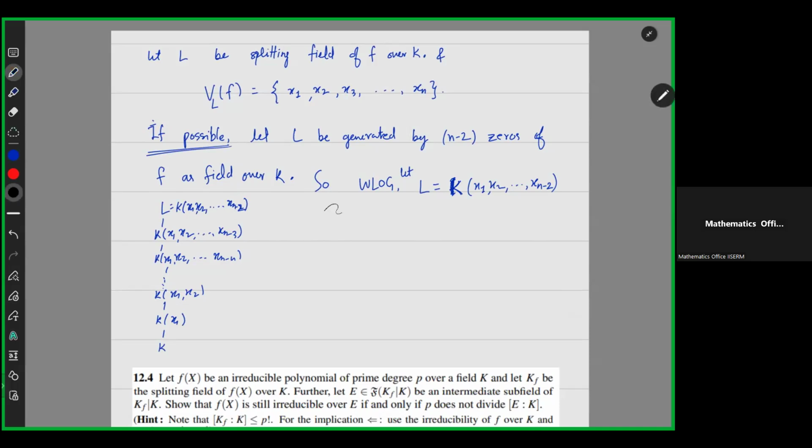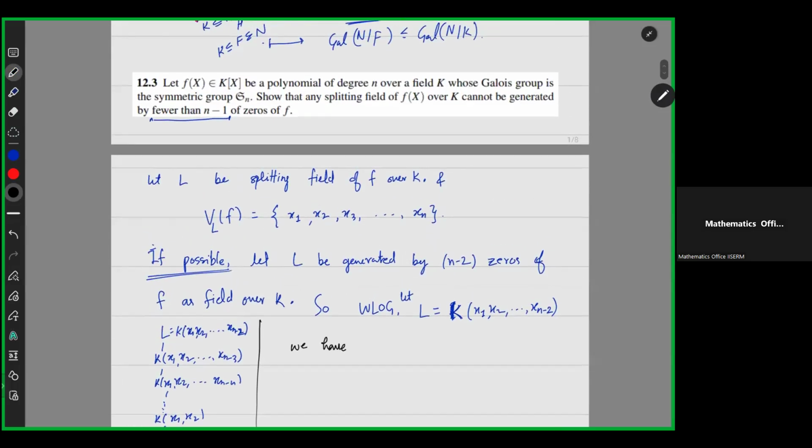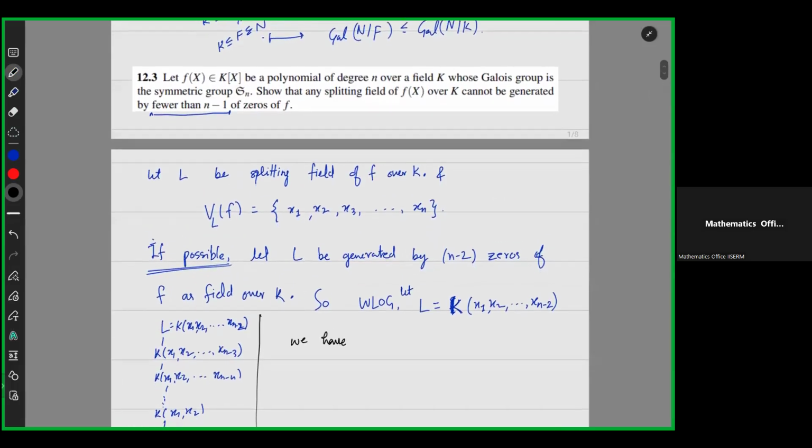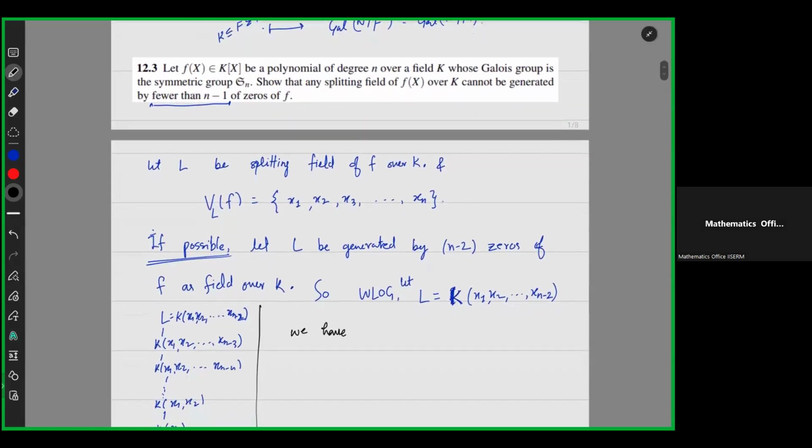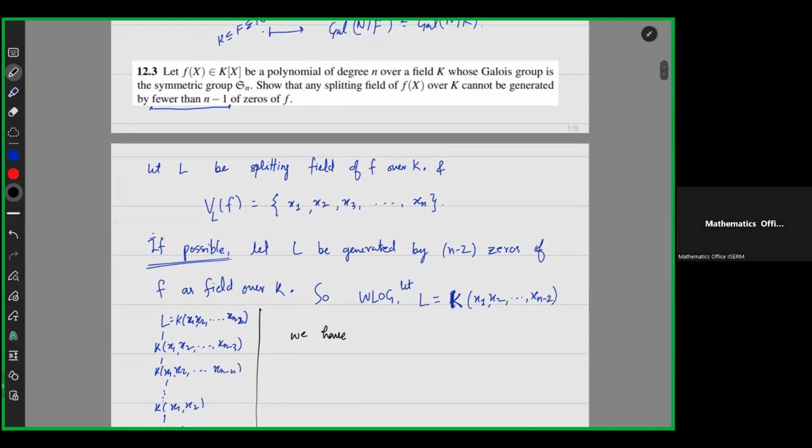Let me change the color. We have L, a splitting field of F. And what is the Galois group of F?